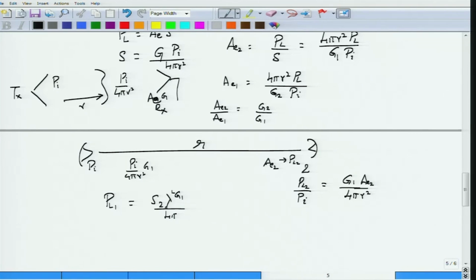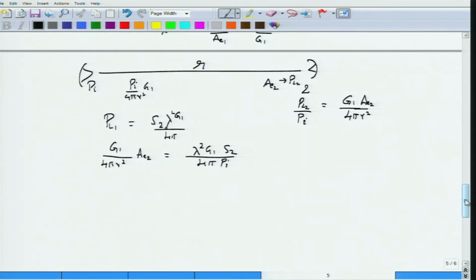Now, with aperture 2, what you get here is G1 divided by 4 pi r square, aperture AE2 is equal to lambda square G1 S2 divided by 4 pi Pi. So, what this has established is that the antenna pattern is essentially reciprocal. So, let us just complete this expression.